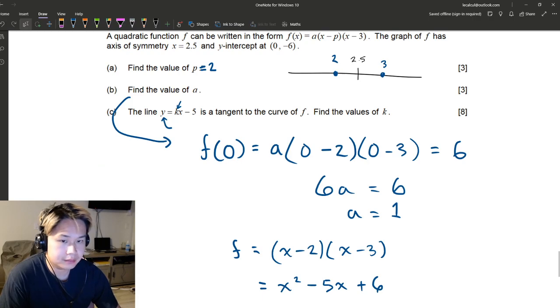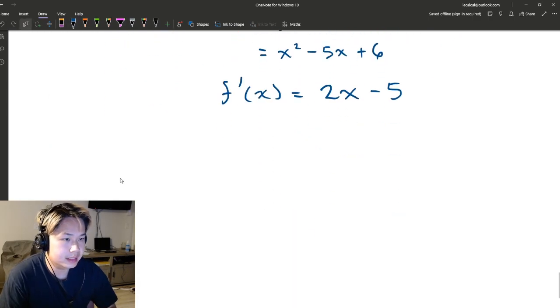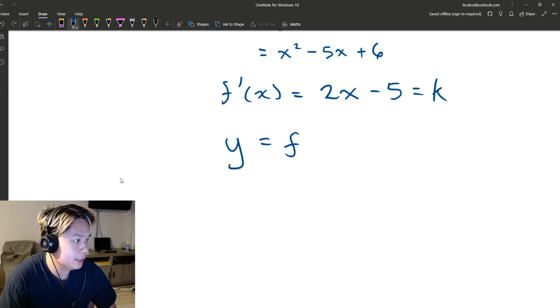So in other words, this thing is k, and also y needs to be equal to the function as well. So these are the two requirements for a tangent line, right? The y coordinate of the tangent line needs to be the same as the actual function itself, and then the slope of the tangent line needs to be equal to the, well, literal derivative, which is the tangent slope.